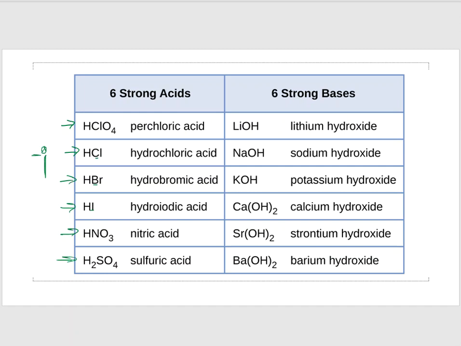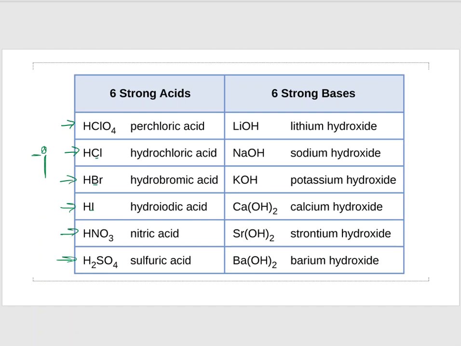So they're all kind of clustering into the same spot, which is a good sign because the periodic table shows periodic trends. And if these are trending strong acids, then we will find quite a bit of strong acids in that area. And we do. So that makes us happy. It's another confirmation that the table is structured the way that it is for a reason, and it's the proper way that we've done it.